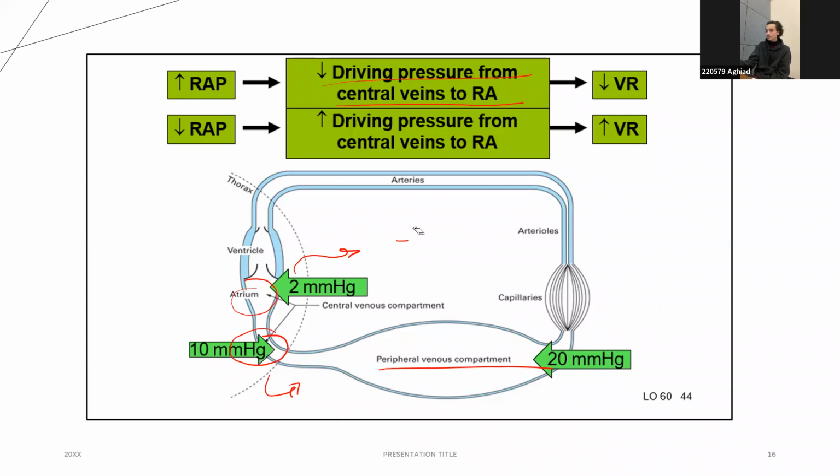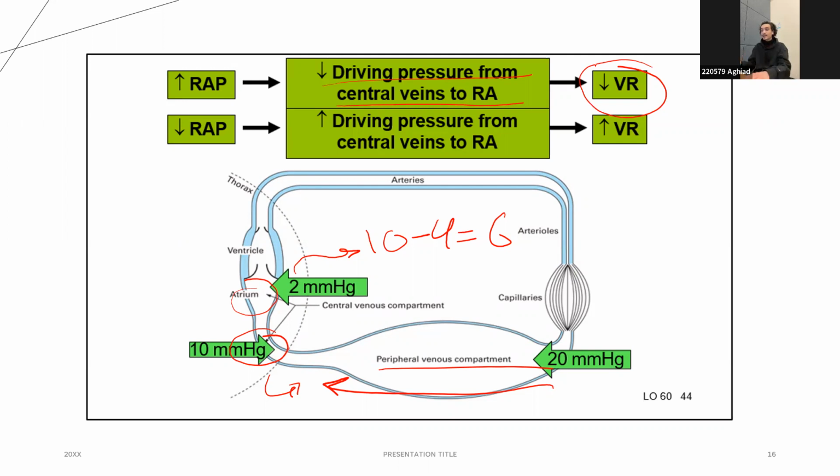So it would be more correct if we do 10 minus 4, now it equals 6. So now the driving force is a 6 millimeter mercury pressure. So it's less. So the venous return, the blood that is returned from the venous compartment to the heart, decreases.